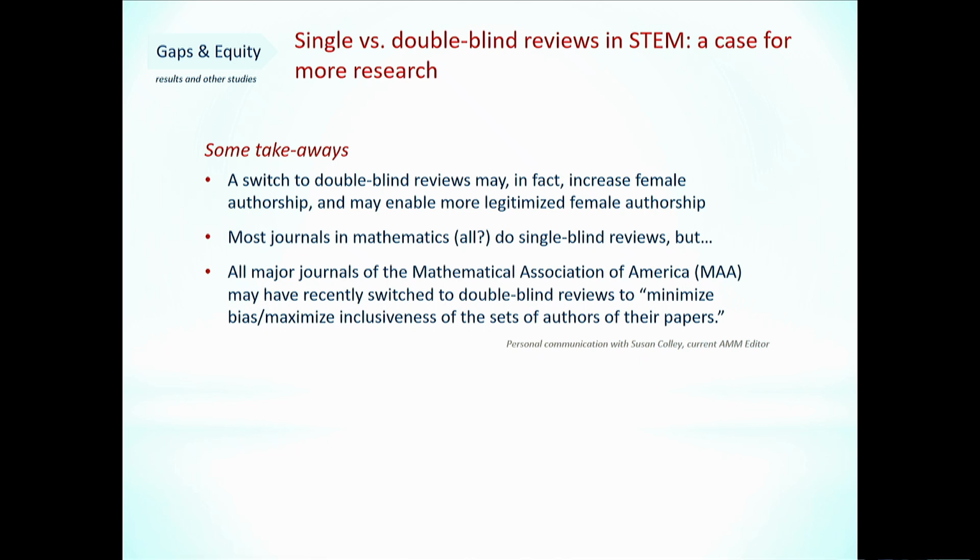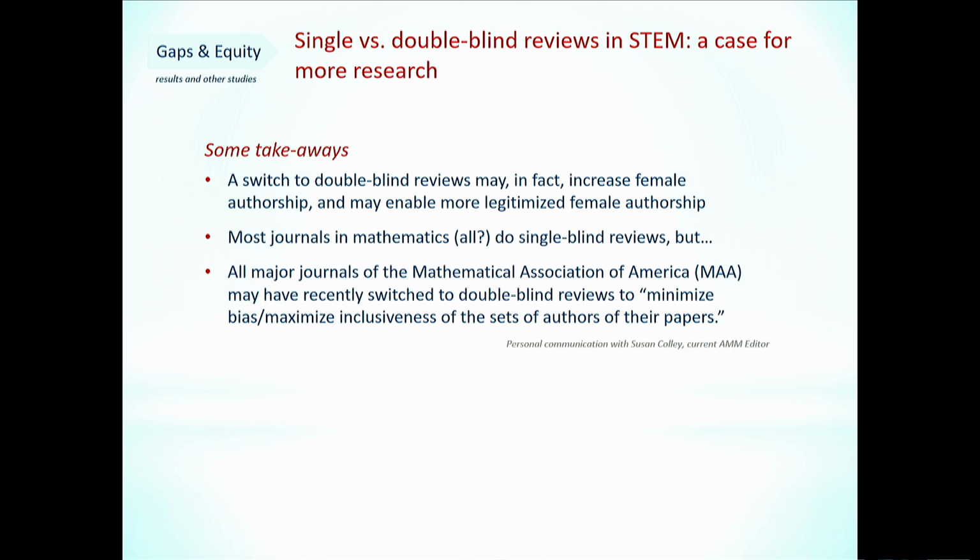Most journals in math do single-blind reviews, but all major journals of the Mathematical Association of America, MAA, may have recently switched to double-blind reviews to, and I quote the editor of the AMM, minimize bias, maximize inclusiveness of the sets of authors and their papers.